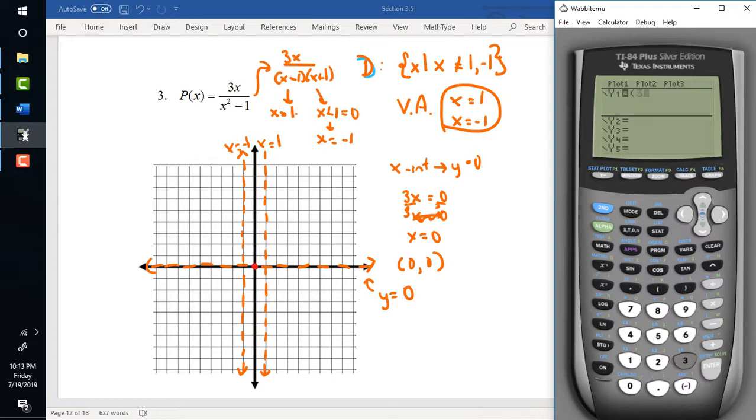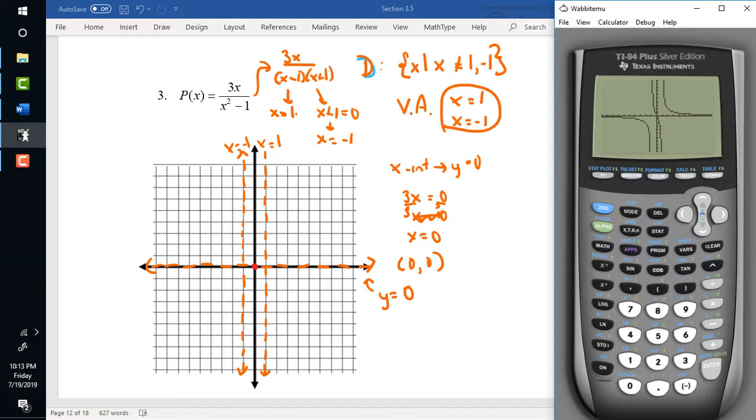So once again, put the top in parentheses and then put the bottom part in parentheses. So here's the thing. Let's take a look at our calculator graph. As you can see, there's like this invisible boundary here. That's -1 and 1. And I also notice it kind of flattens out as it goes aside.